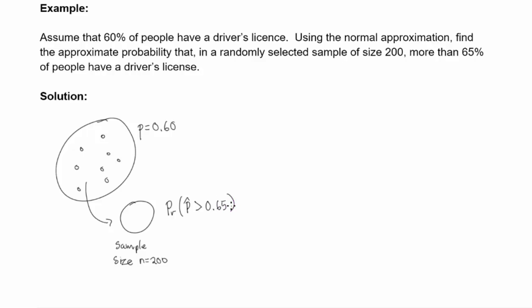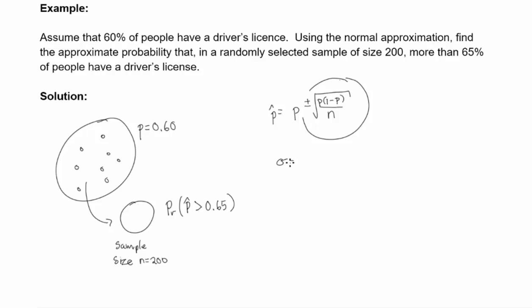To calculate this, recall that the sample proportion, P hat, is the population proportion plus or minus the standard deviation of the population proportion times 1 minus P all over the size of the sample. So the standard deviation is this term here.